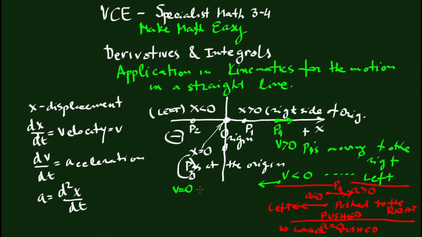When v is 0, the particle has stopped. There is no velocity, no movement. So P has stopped. And we said when x is 0, then it's at the origin. Alright.